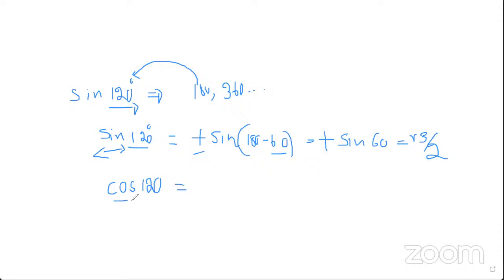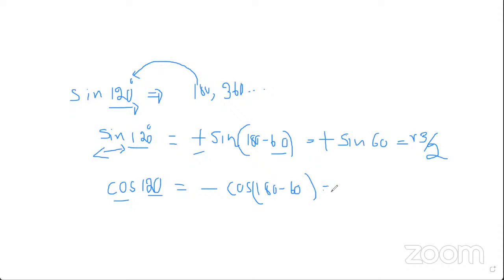First of all, verify the sign. Since it is cos and the angle is 120, an obtuse angle in the second quadrant, and in the second quadrant cos is negative, so you write negative. How do you make 120 from 180? 180 minus 60.